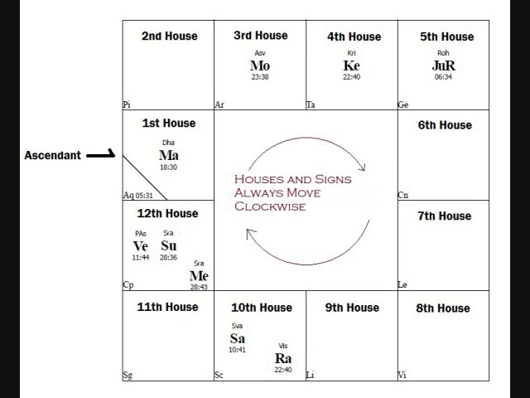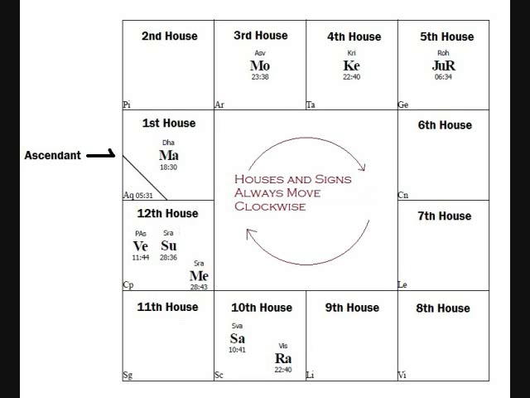So if you see any planets with a big R after their abbreviation, it means that it's retrograde or moving backwards. There are no planets in the 6th, 7th, 8th, or 9th houses. And then in the 10th house, we have SA for Saturn, and RA for Rahu, the north node of the moon. And then in the 12th house of Capricorn, we have VE for Venus, SU for Sun, ME for Mercury.